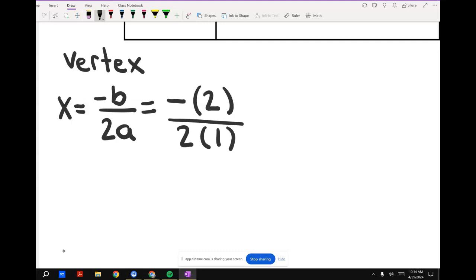If I simplify the top and the bottom, then reduce, this would just be a negative 2. Again, you can always think of it as a negative 1 times 2 gives us negative 2. We're going to end up dividing it by a positive 2. So our value is going to be equal to negative 1. And I'm going to label that with an x since that's my x coordinate.